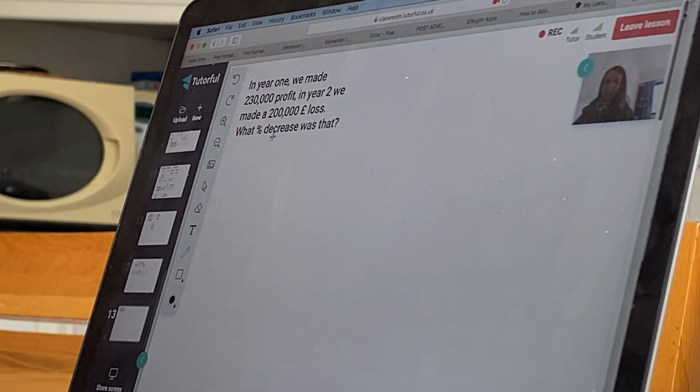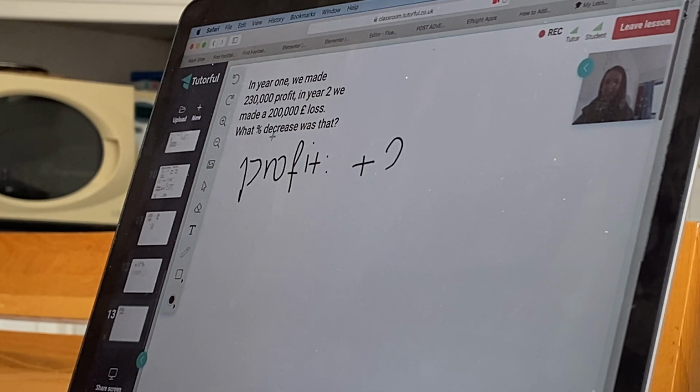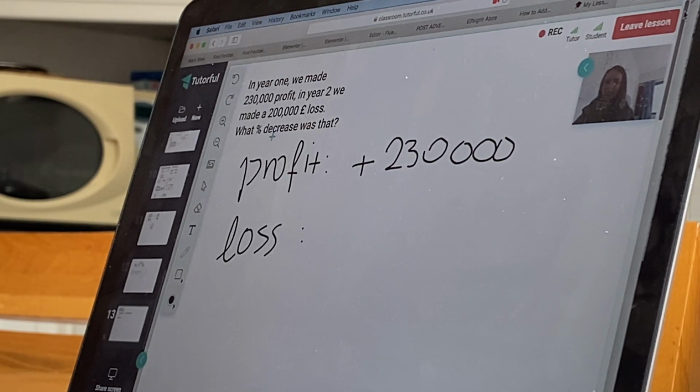So this has got the words profit and loss in here. So just to write that in a more maths way, profit is going to be plus 230,000. And then when we say loss, we're going to say minus 200,000, like this. Now, when we're finding the percentage change, keep in mind this minus here.